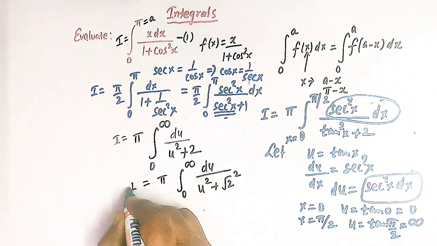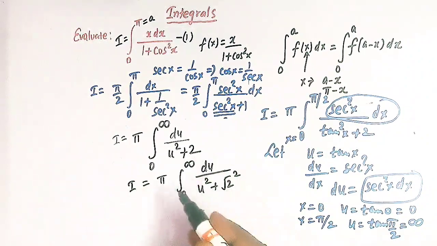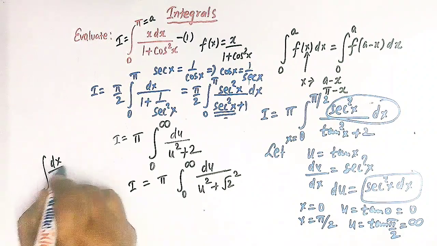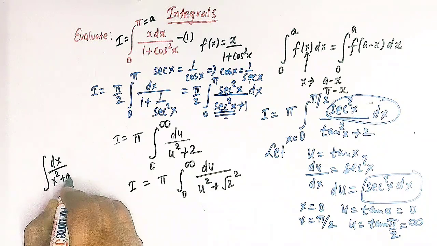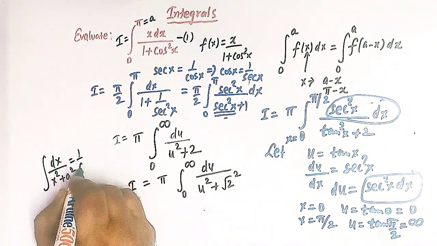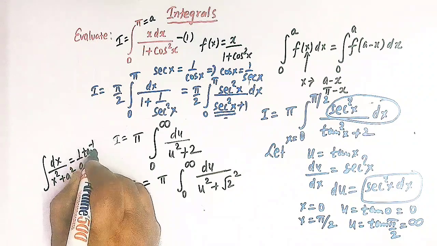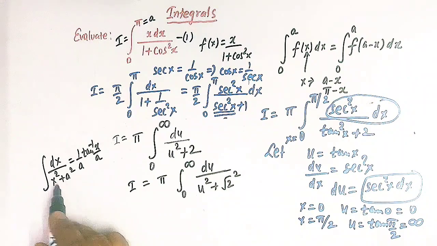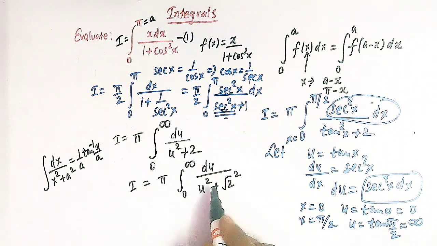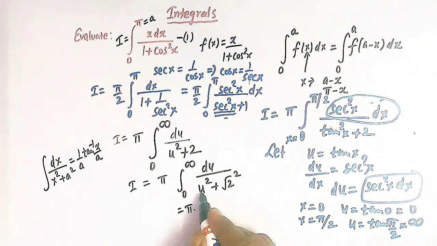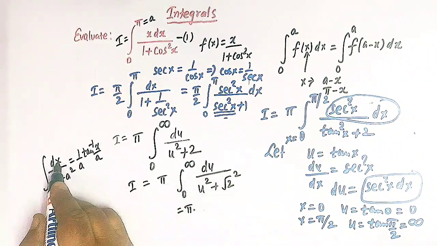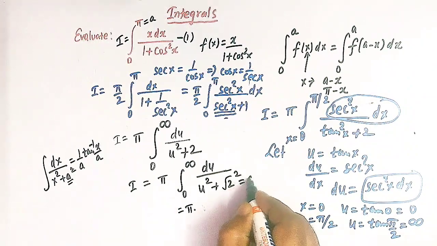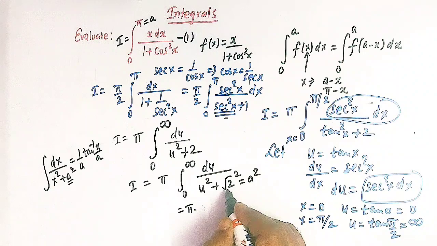Okay, so now we have a very standard integral, and we know from indefinite integrals that the integral of dx over x square plus a square is given by 1 over a tan inverse of x over a. So we are going to use this result for this integral. So we have pi, here we have the variable u, here we have x, and this is a square. A square is our square root of 2.